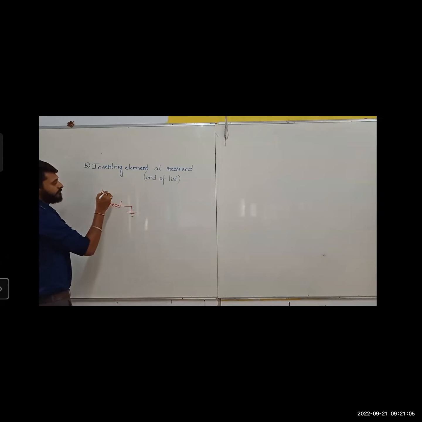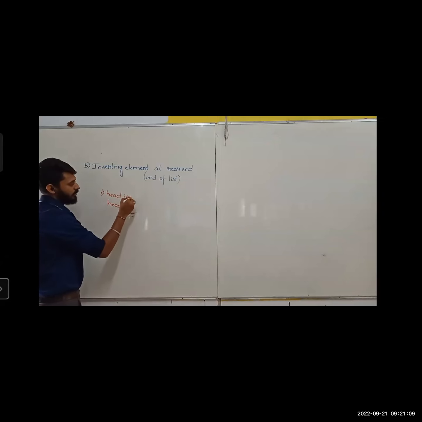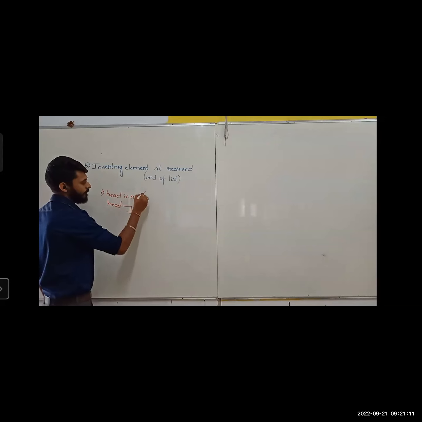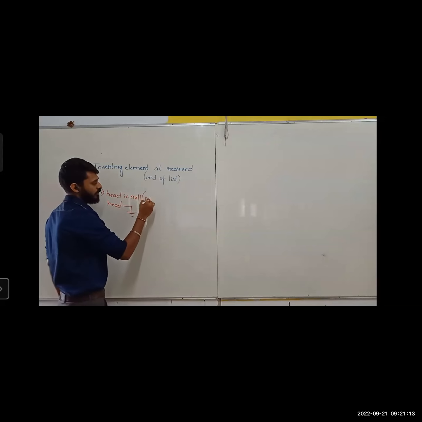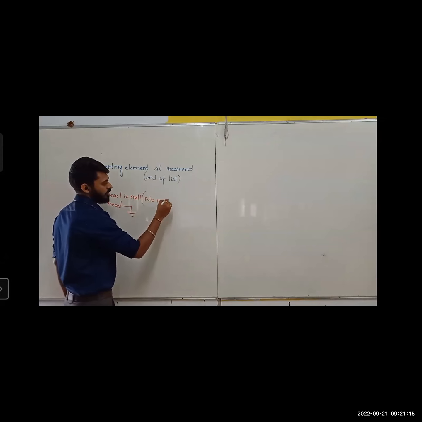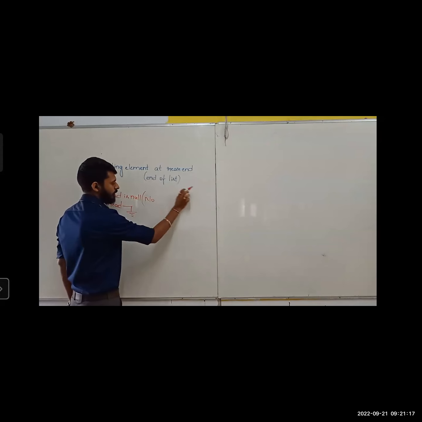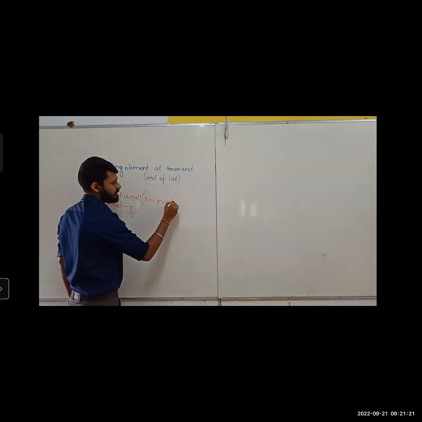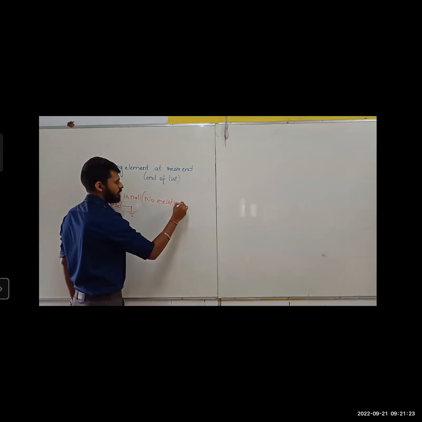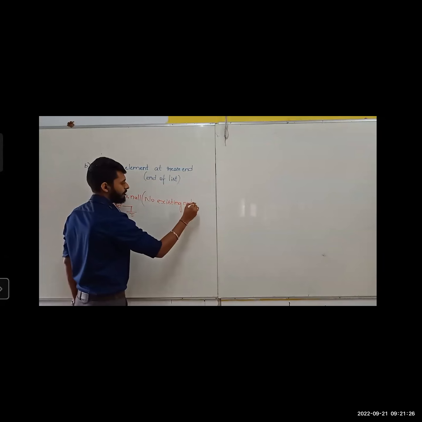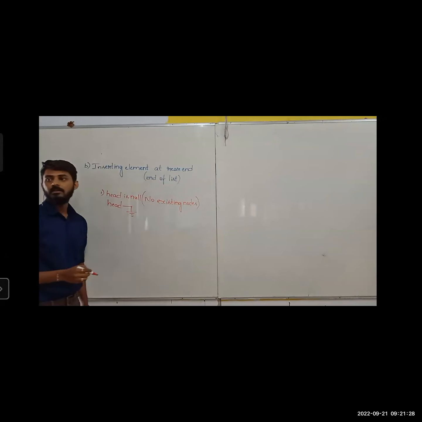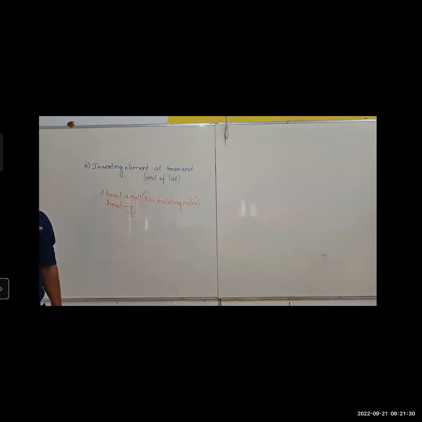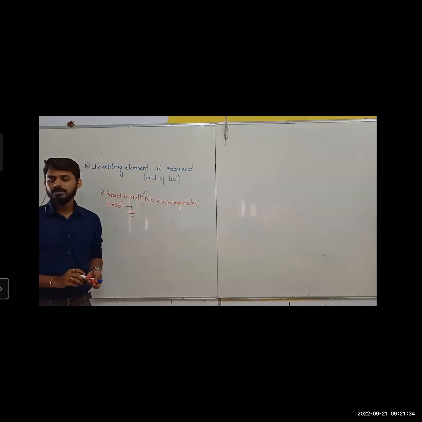Which means if head is pointing to null, there are no existing nodes. Then whichever new node I create, that will become the first node and also the last node.